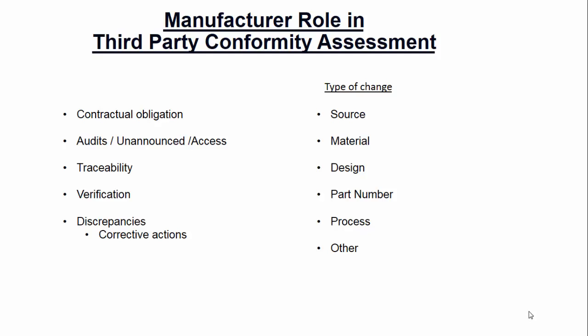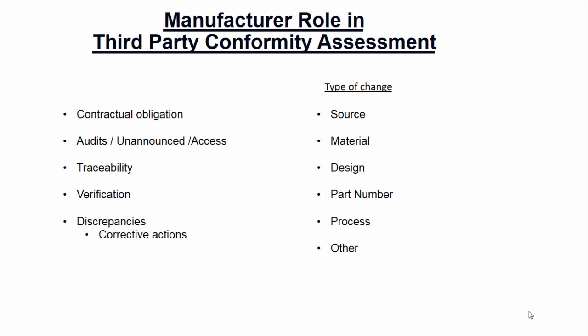They have to prove traceability. They have to have verification of all their quality programs in place, and ensure that the quality programs they're using to manufacture those parts are covered within that quality manual. And they also have to verify that if they have any discrepancies, they will go through the process for dealing with them in the corrective action procedures identified by their certifier.